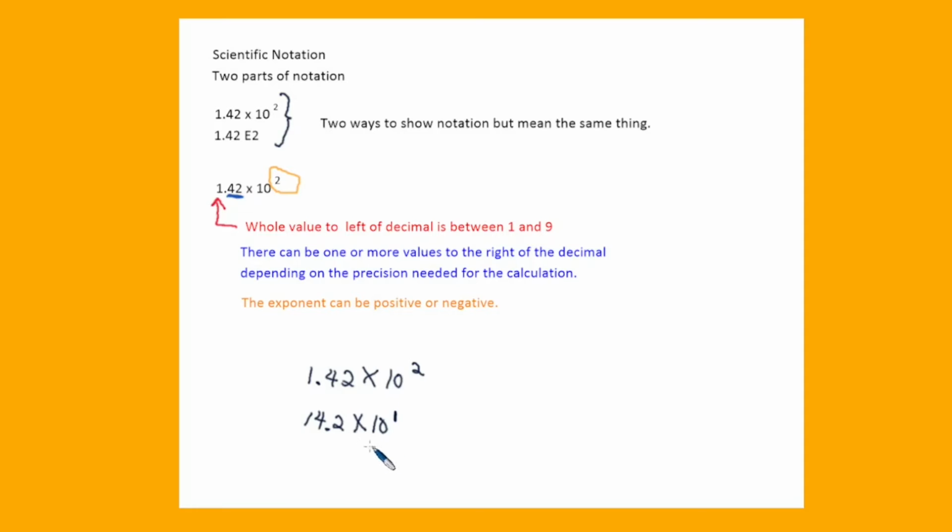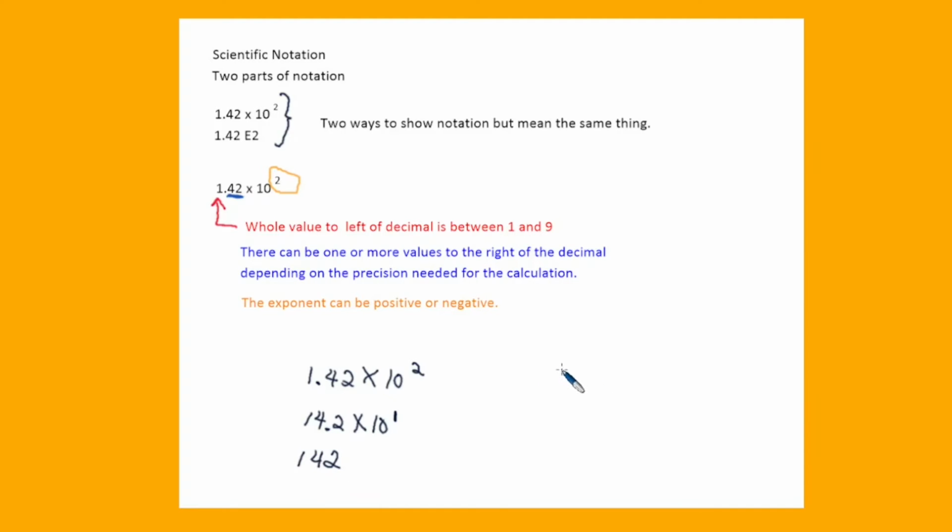Now, this is not strictly scientific notation, but if you're working with a calculation and it makes more sense to use it this way, or it makes it easier to do the calculation, you can do that. Just the same as if we want to get rid of the scientific notation altogether, we could simply represent this as 142.